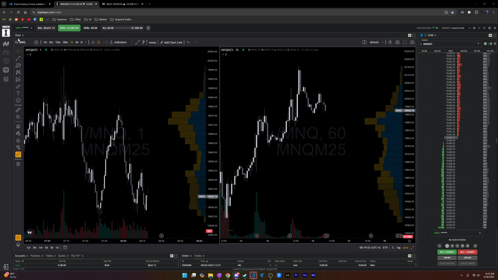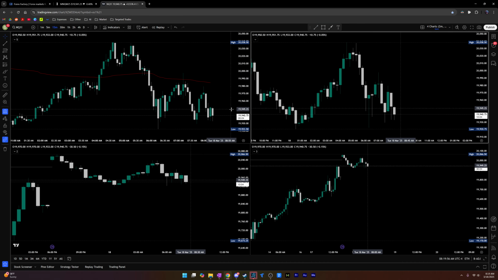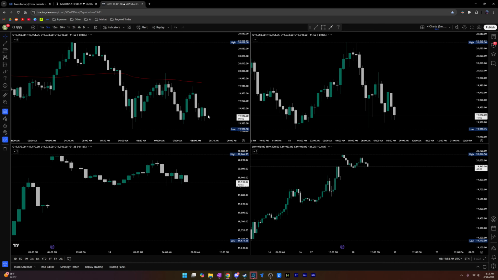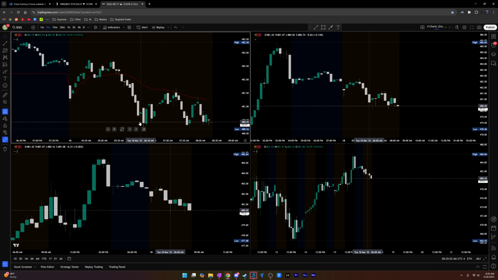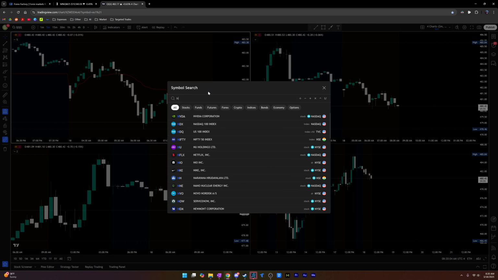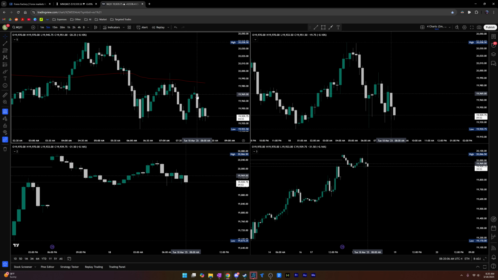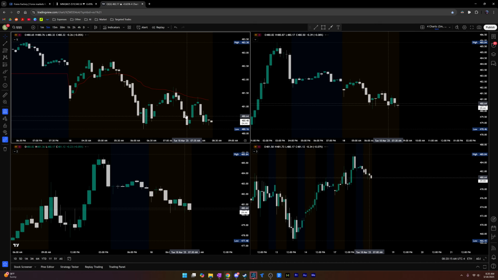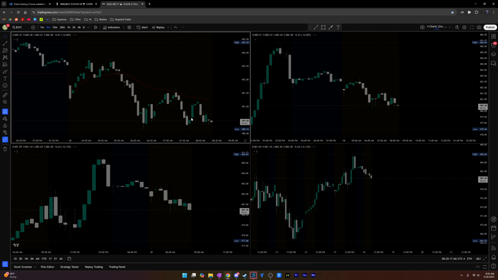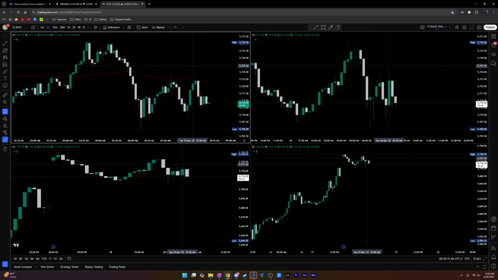So NQ basically follows the QQQ. If you notice on the 5-minute chart, look, this is QQQ. Do you see this pattern? If you go to NQ, it's basically the same. Not 100% replicated, but very, very similar. So if you're not familiar with futures, NQ follows QQQ, then ES follows SPY.